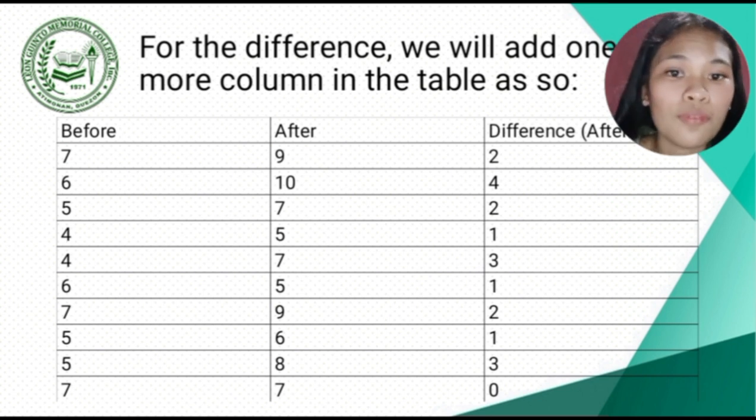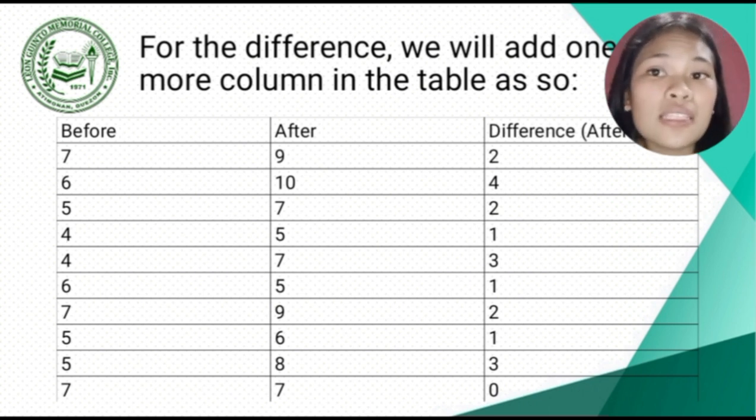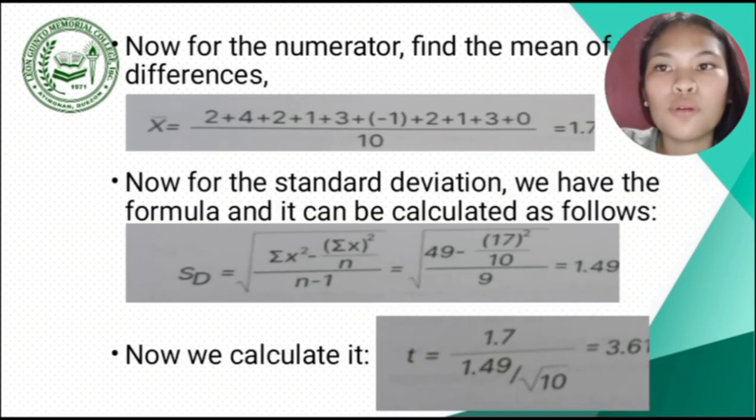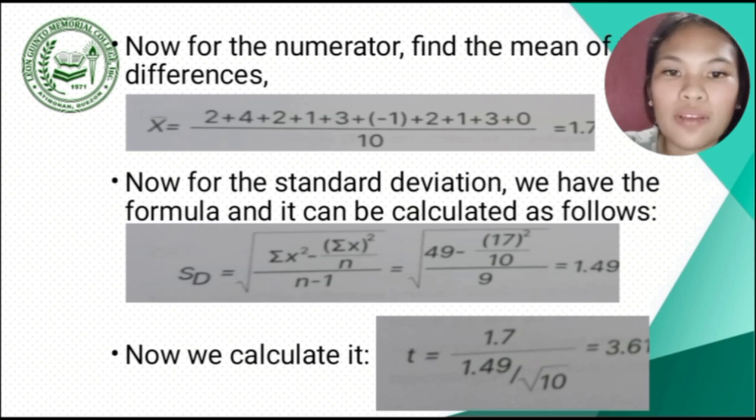So the score is 7 before and then 9 after, and the difference is 2. 6 before, after is 10, and the difference is 4, and likewise for the others. Now for the numerator, we have to find the mean of the differences, with n of 10.